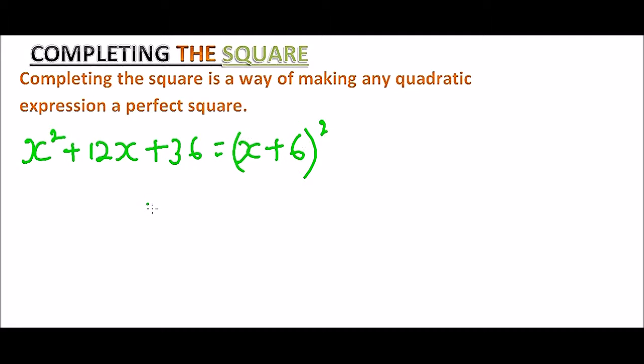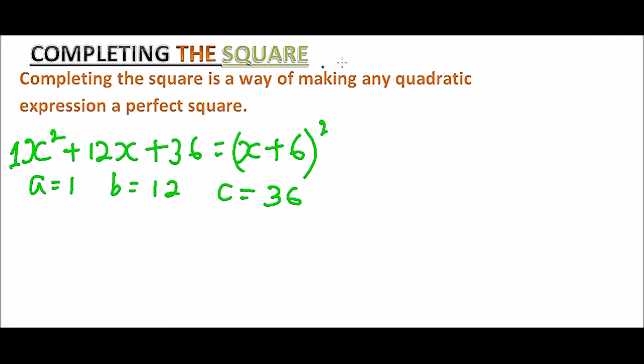So let's observe, for us to be able to complete a square, let's observe those expressions which are perfect squares. We say that we are dealing with expressions whose coefficient of x squared is 1. So a is equals to 1, b is equals to 12 and c is equals to 36.